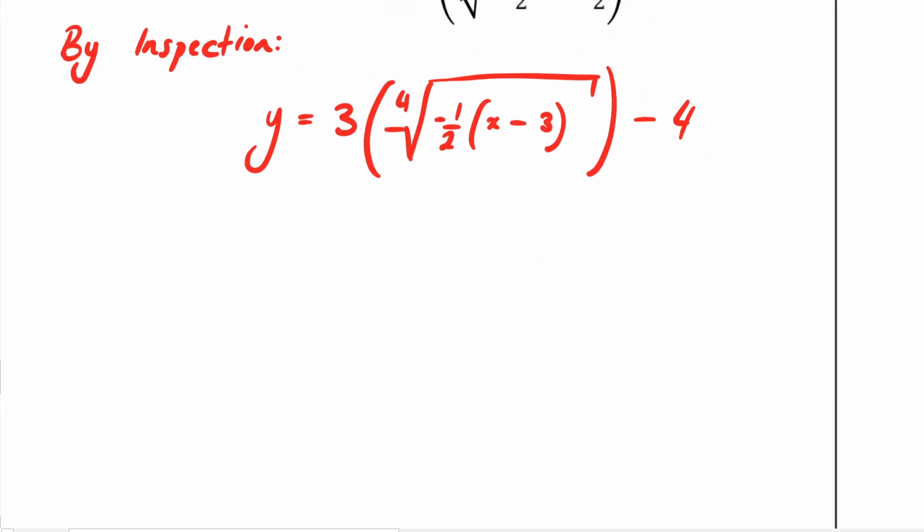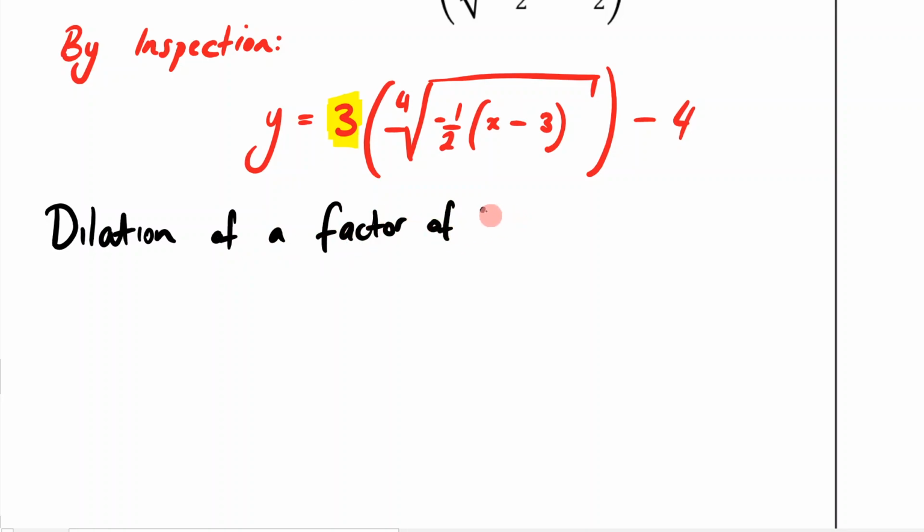Remember, the first transformation you always read off is your dilation. So let's start with reading this one off here, which is a 3. So I'm going to say I have a dilation of a factor of 3 from the x-axis.